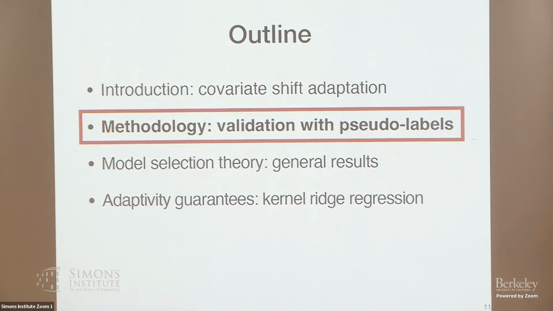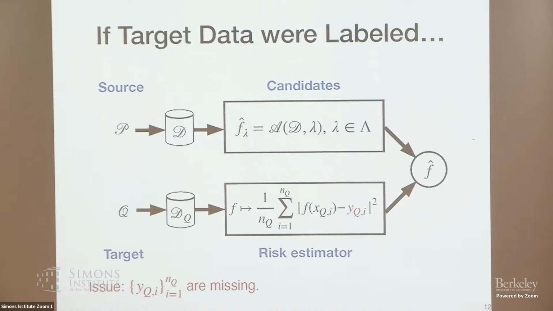Now, here's a method. In short, we want to do holdout validation with pseudo-labels because we don't have real labels on the target data. Now, so let's first make our life easier through this imaginary experiment. We have label data from the source, and we train a bunch of candidates.